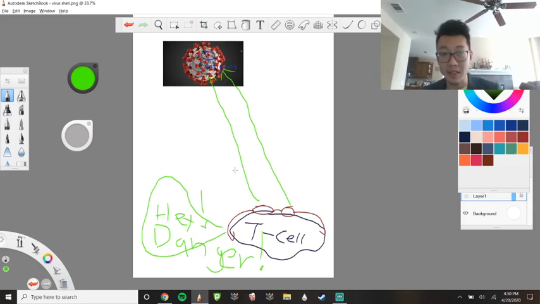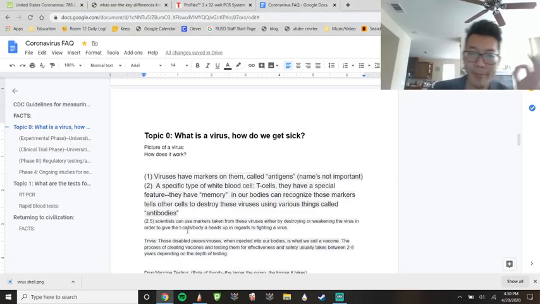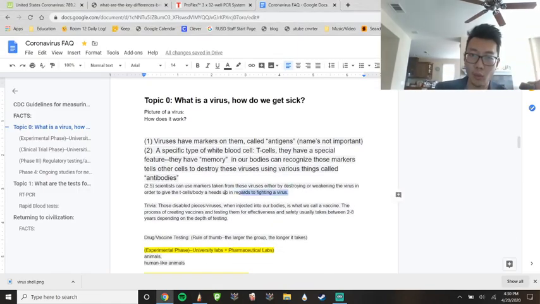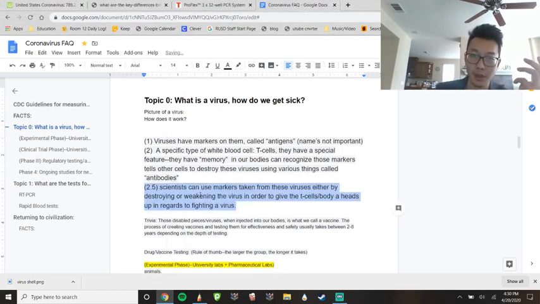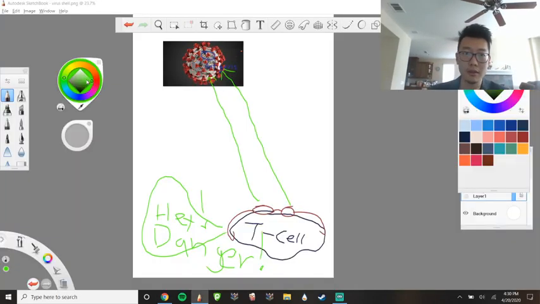That's what the purpose of this T cell is. And so once this T cell does its job, what happens? Well, it tells the body to make antibodies, and those antibodies destroy the cell.